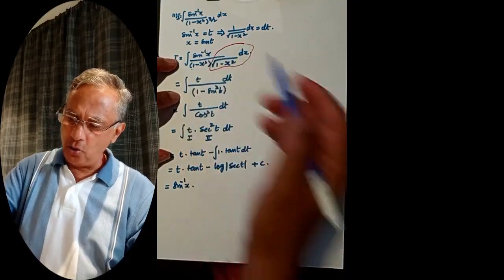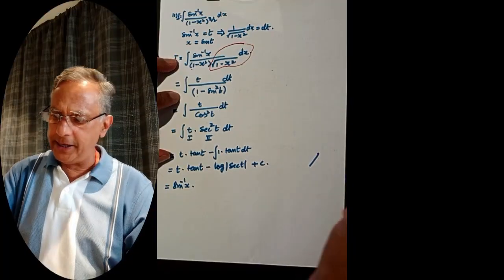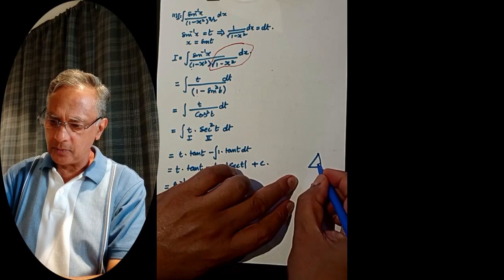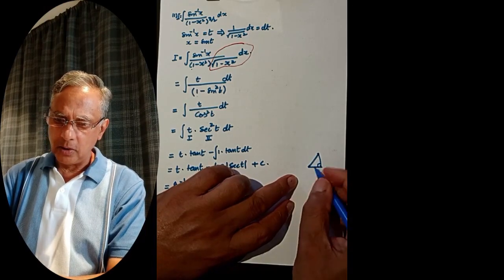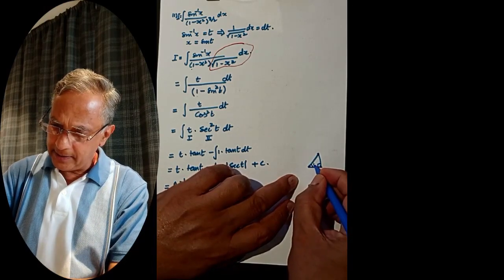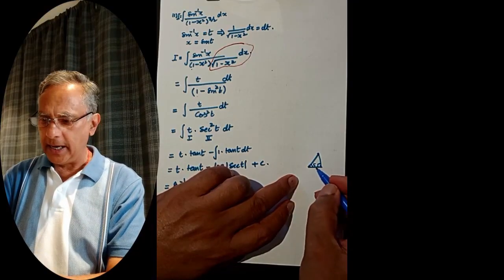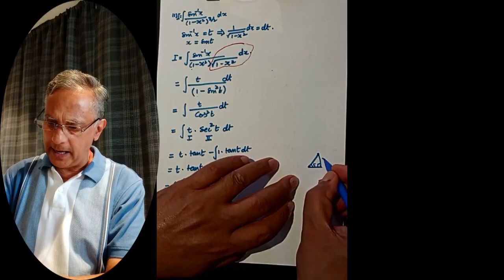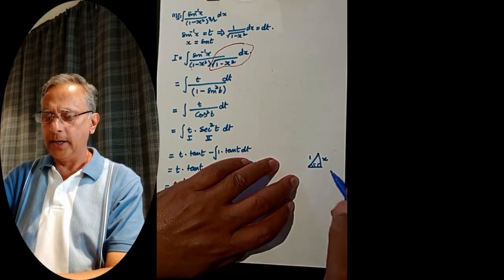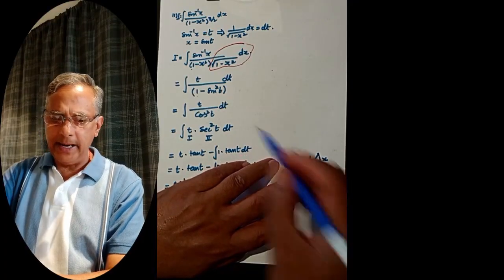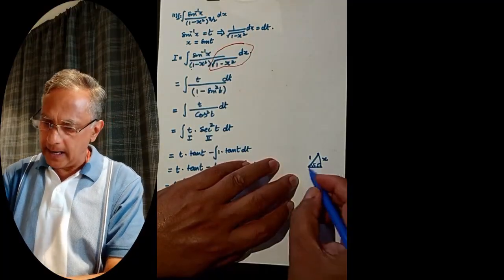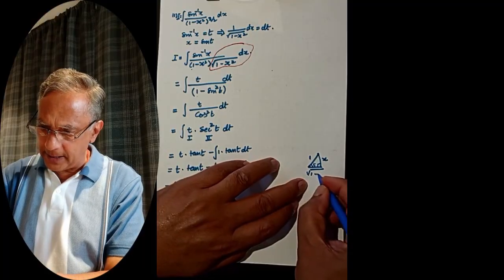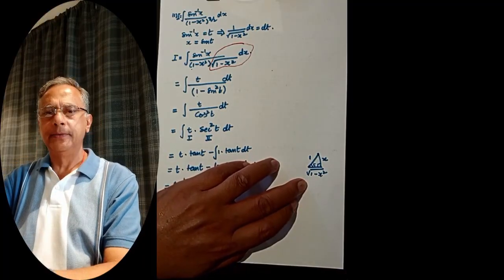Now tangent t, we know sine of t is x by 1. Let this angle be t. So sine is perpendicular over hypotenuse. So this will be x and this will be 1. Now sine of t will be x by 1. And by Pythagoras theorem, this side will be under root 1 minus x square.